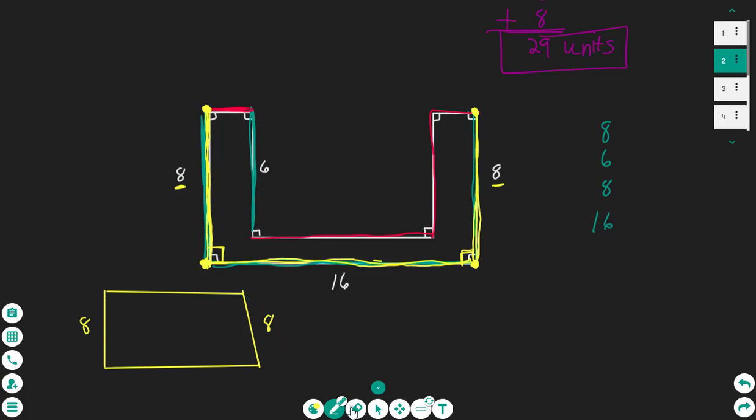Okay, hopefully that makes sense to you. Let me erase that corner. If this line is the same length as the left side, because it's slanted, it's not going to be as tall. Does that make sense? If you have a post and you stick it in the ground, the further you slant that post, the closer the top is to the ground.